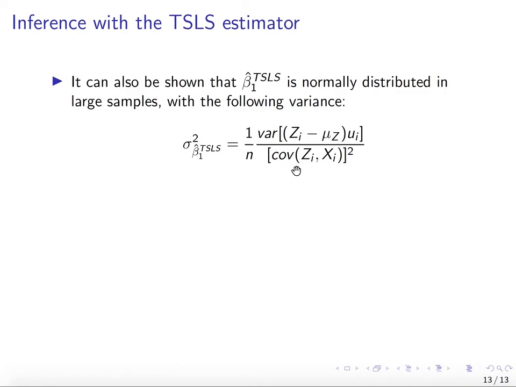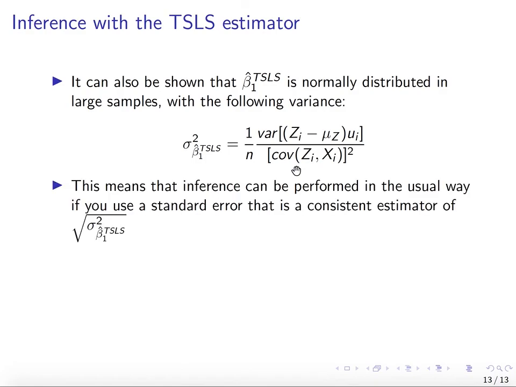But the idea is that because it's going to be normally distributed, it means that we can make inferences the same way we're doing it with beta OLS. So the beta hat from two-stage least squares also has the same interpretation in terms of significance when we're making inferences.